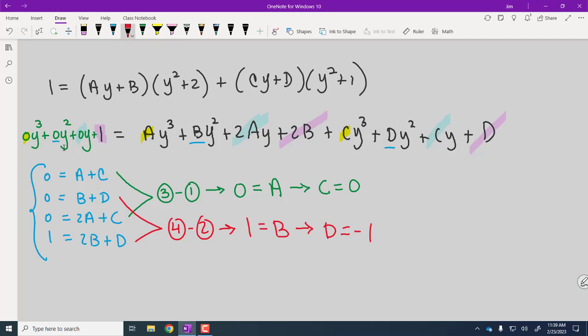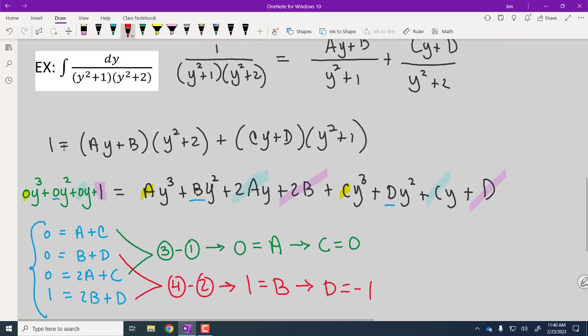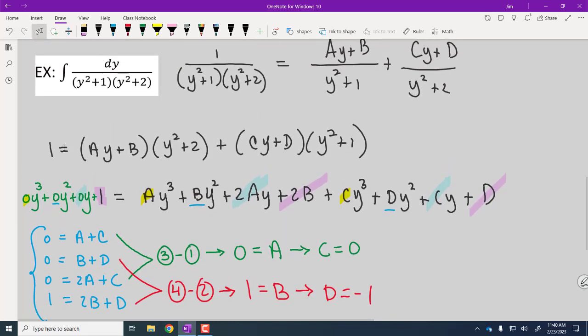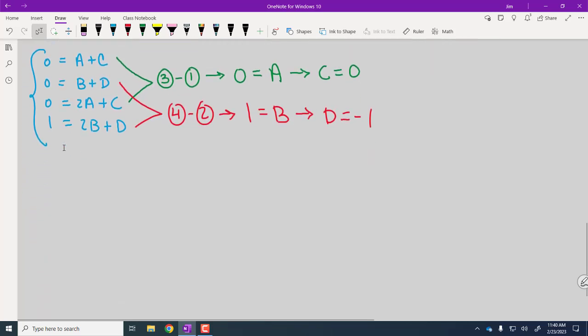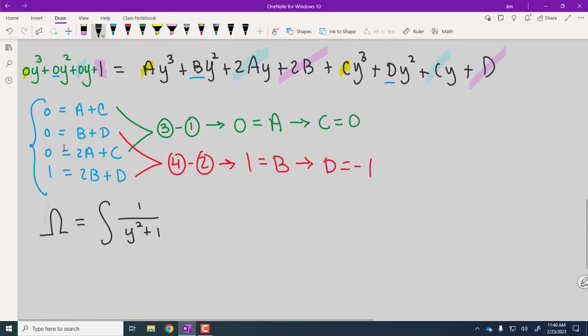So those will be our 4 coefficients. ay plus b, so a and c are 0. Oh, good. The coefficients of y are 0 in both cases. And b and d, 1 and negative 1. Okay, so we have 1 over y squared plus 1. And this is our original integral is equal to that: 1 over y squared plus 1 and negative 1 over y squared plus 2.